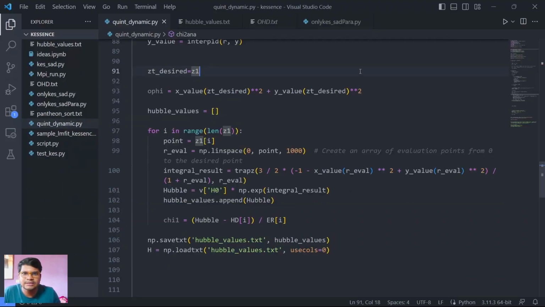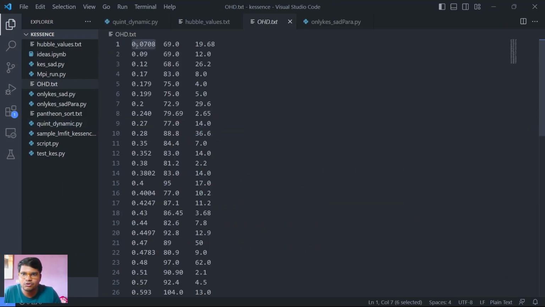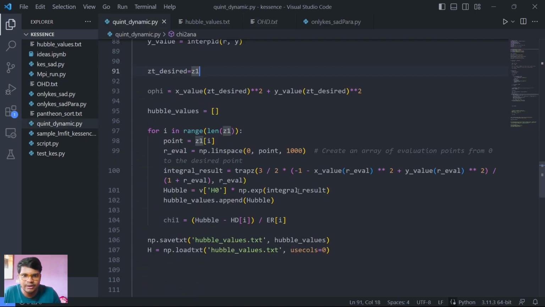So let us say I want the integration from 0 to 0.0708, and it will give you some kind of H, right? Every time it will first go from 0, then it will take 0.09, then it will take 0.02, and it will give me the corresponding H. So first of all, I am just solving the integral, right?